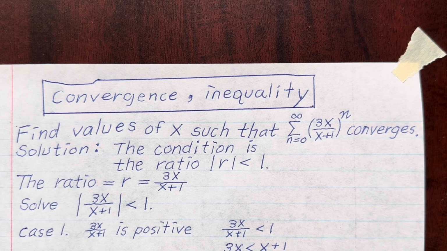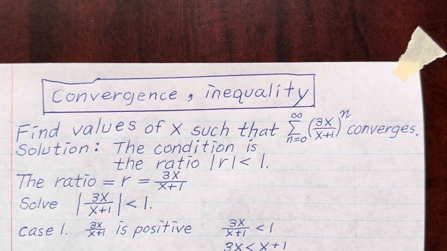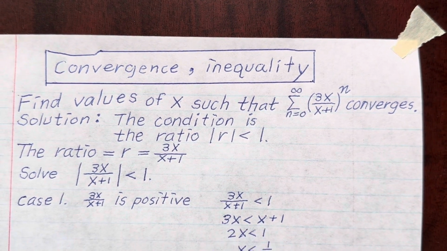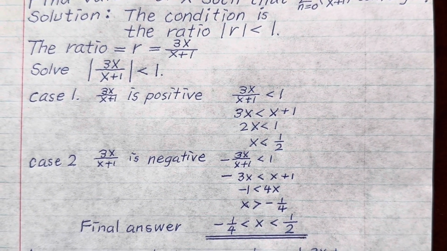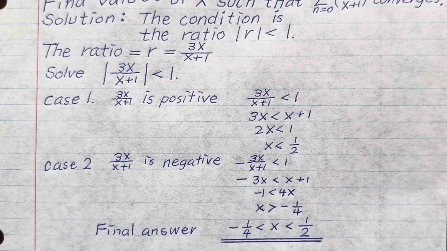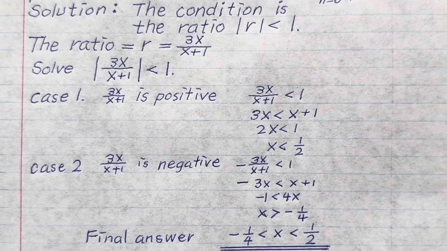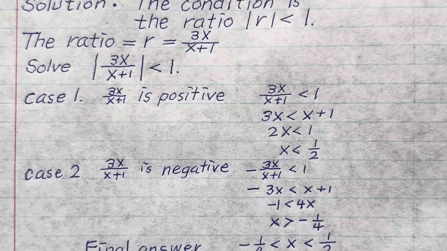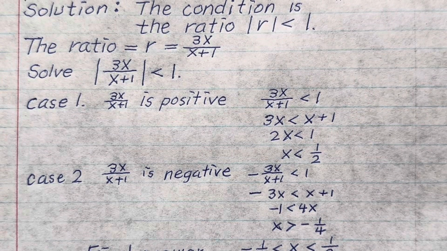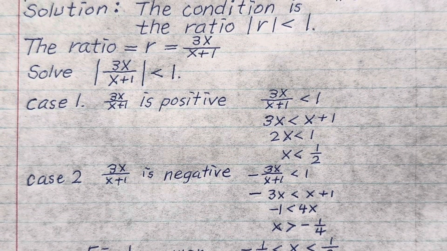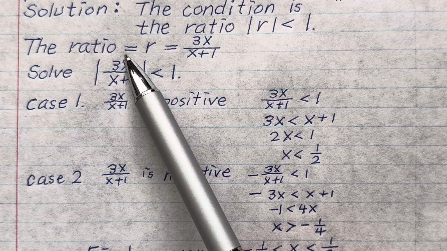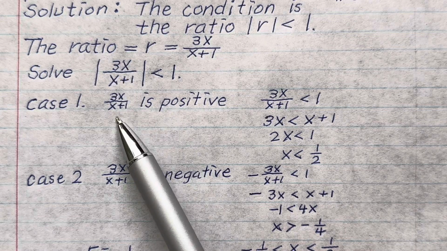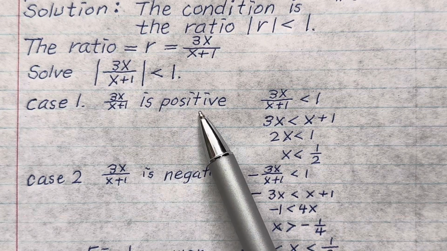Because we have absolute value, we need to consider two cases. Case 1, the ratio itself is positive.